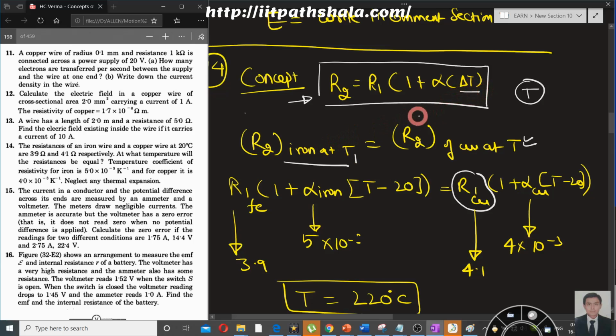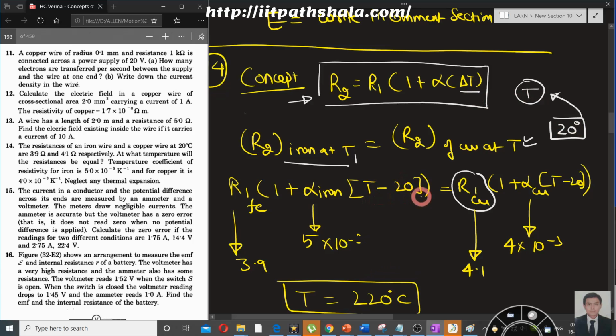Delta T is from the temperature you start at, 20 degrees in this case, to the higher temperature you stop at, which is T. So delta T becomes T minus 20 degrees.